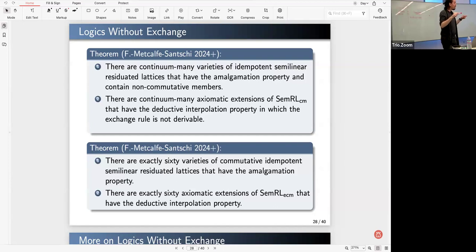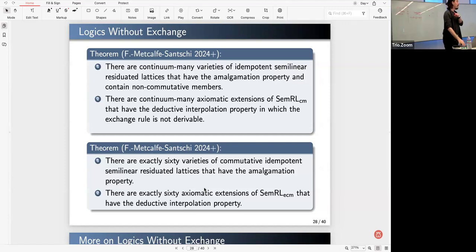On the other hand, this is why I say exchange has a critical role. In this same context, if I restore exchange, retaining the semilinearity and the idempotence, then the number with the deductive interpolation property drops from continuum many to exactly 60. And I can tell you the exact 60 of them.